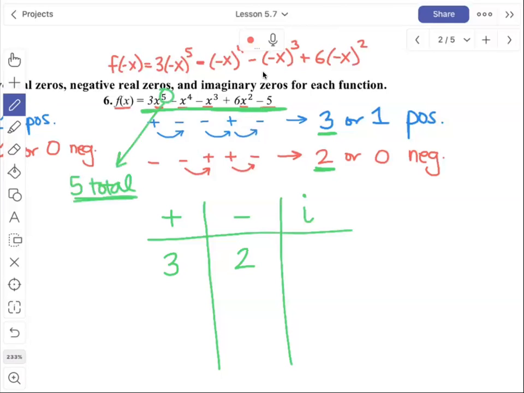If I have 3 positives and 2 negatives, how many imaginaries must I have to equal a total of 5?